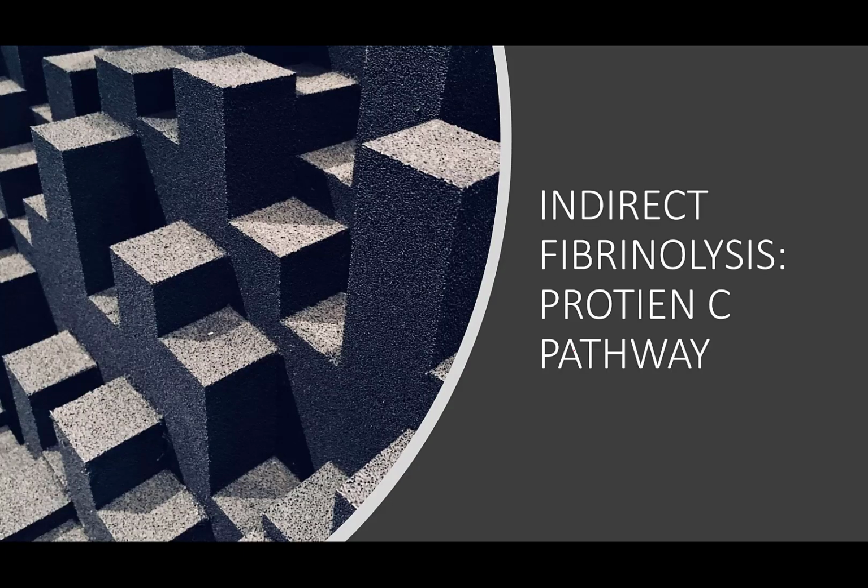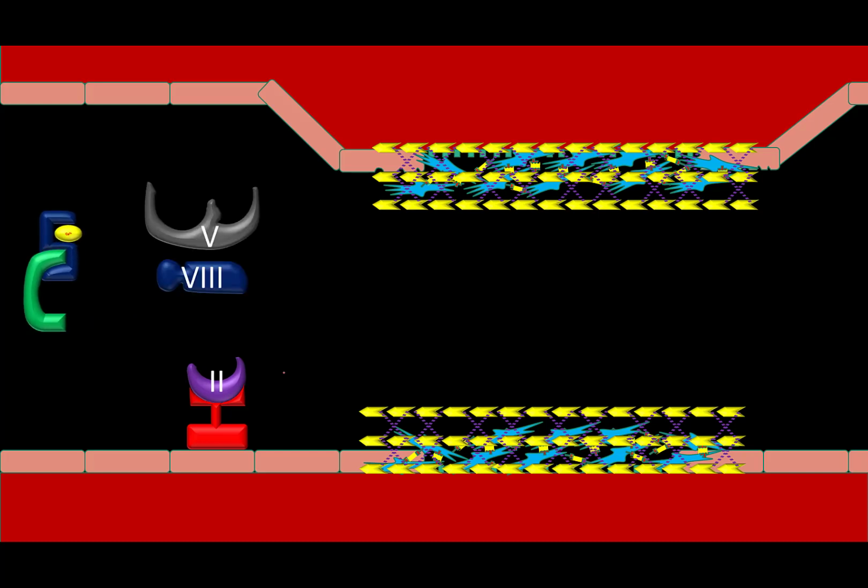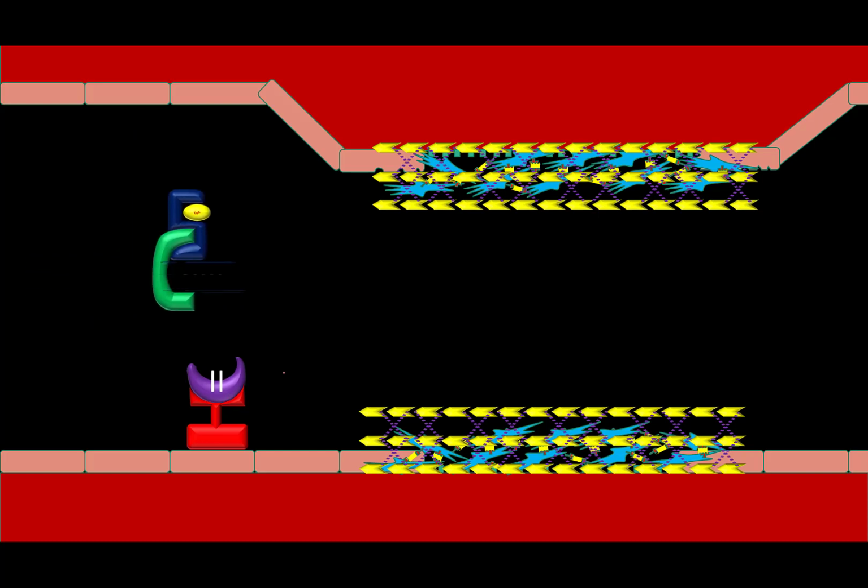So that is direct fibrinolysis by plasmin, which is formed from plasminogen with the help of tissue plasminogen activator. Now, among the other mechanisms, the most important is indirect fibrinolysis by the protein C pathway. All normal endothelial cells have a molecule called thrombomodulin. Thrombomodulin binds to thrombin and forms a complex. This complex activates protein C. The activated protein C binds to protein S and calcium and forms a complex, which breaks factor 5 and factor 8.